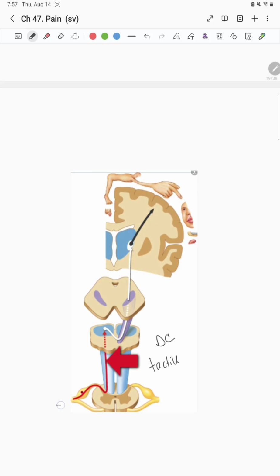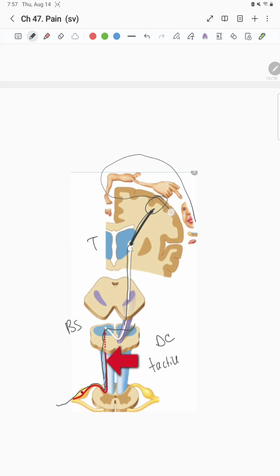So the information comes in the dorsal nerve root into the dorsal horn, and it travels up the dorsal column, and it's ipsilateral. Okay, notice the signal is on the same side. Once it gets into the brainstem, then it crosses over, which is decussate, and then eventually hits the thalamus, and then that particular area of the primary sensory cortex.